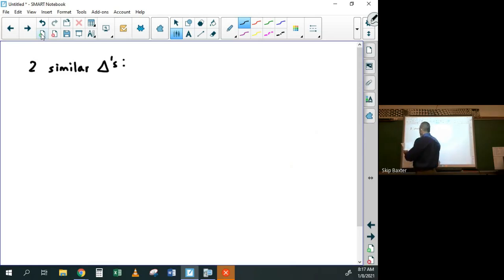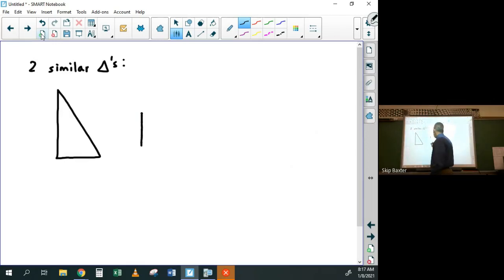Suppose we have a triangle like that, and a triangle like this. And suppose these angles match up. These angles, let's say they're both right angles, and these angles match up.